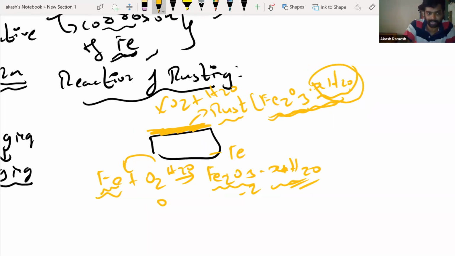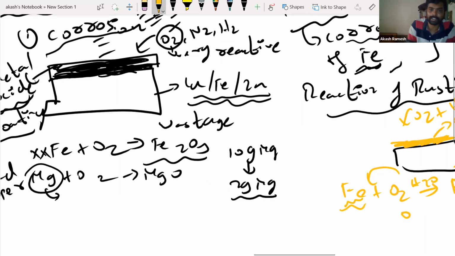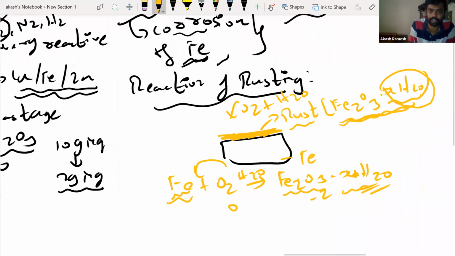Now, if I look at the surface, what I drew here is also something like a crystal formation on the surface of the metal, correct? When this crystal is getting formed, it is not only Fe2O3.